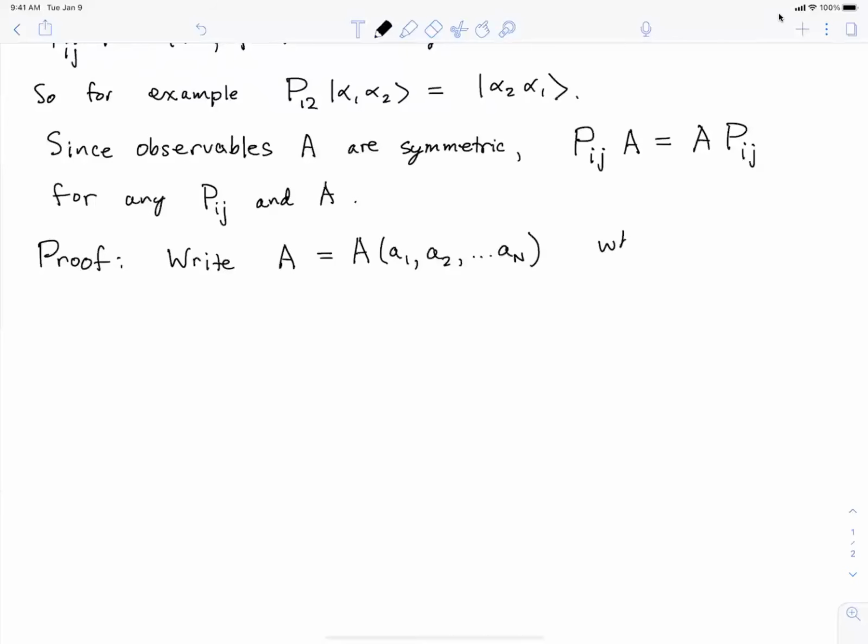Okay, so where the little a's, I'm violating the usual rule in this class that capital letters are for operators. The little a_i's are operators acting on the individual kets, so the kets for the individual particles.